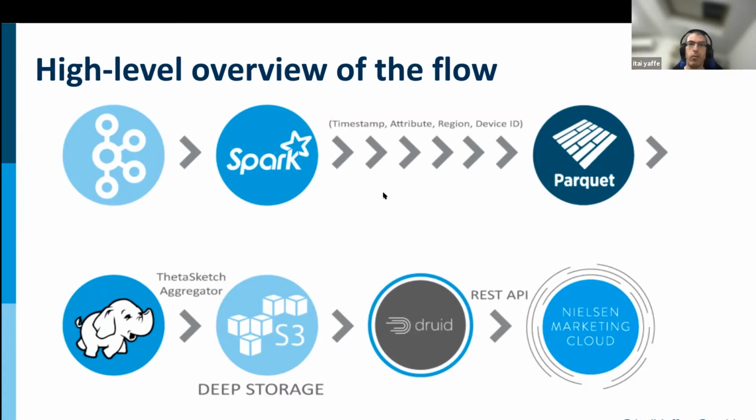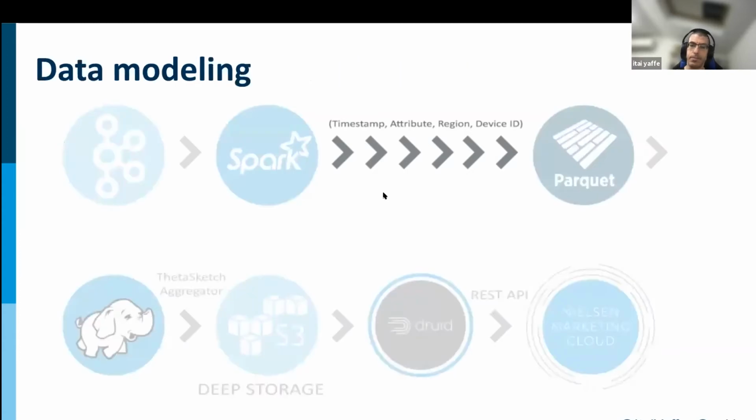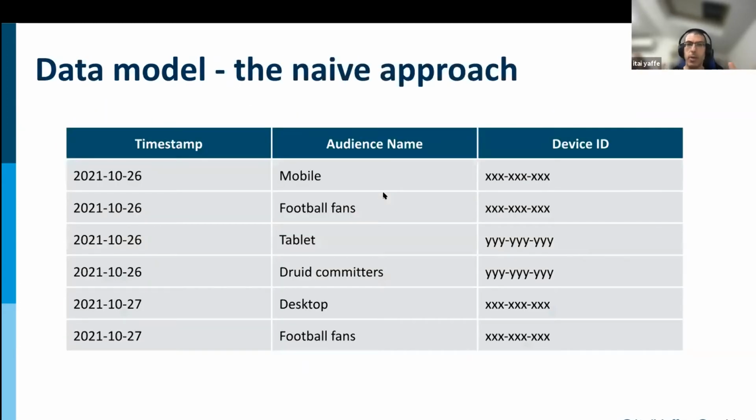So starting off with data modeling. Here's a made up example of a data source, or essentially a table in Druid. You probably see the required timestamp column. There's a dimension, a string column, which we call audience name, which is basically the audience, as Yakir explained, that we identified on a specific device.